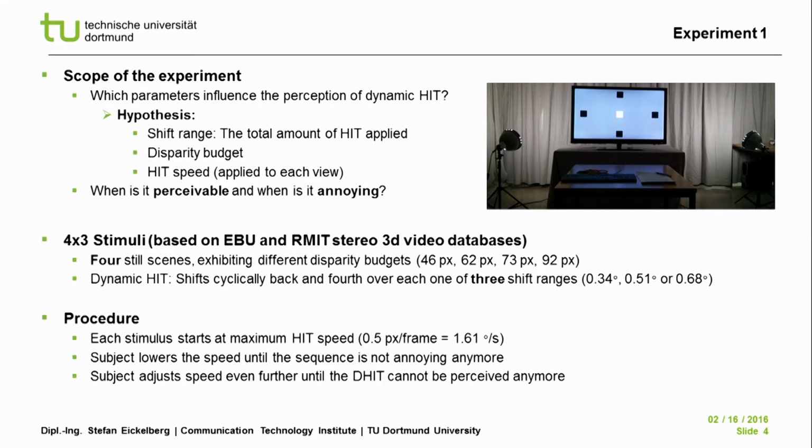We simply shift the scene back and forth cyclically over one of 3 defined shift ranges, and the user will adjust the shift speed. The shift speed starts at a very high speed, and then the user lowers the speed until it is not perceived as annoying anymore. Then the user will lower the speed even further until it is not perceived anymore.